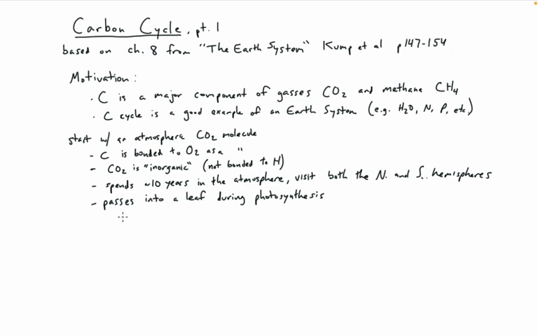As part of the photosynthesis process, the oxygen is ripped away, the bonds are broken, and replaced by nitrogen, hydrogen, and maybe other carbons.